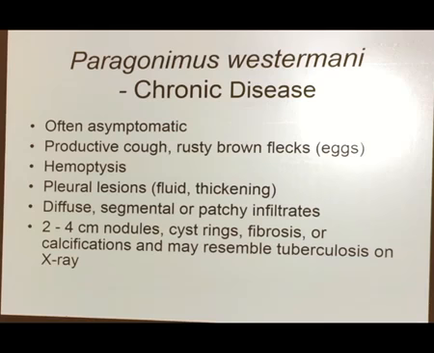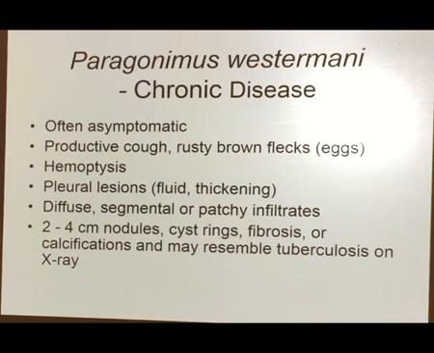The typical presentation, again, is that of chronic disease, and even people with light to moderate infections may be completely asymptomatic. Again, it requires a relatively high number of parasites for a person to actually present with overt disease. But when disease does occur, these patients present with a cough.